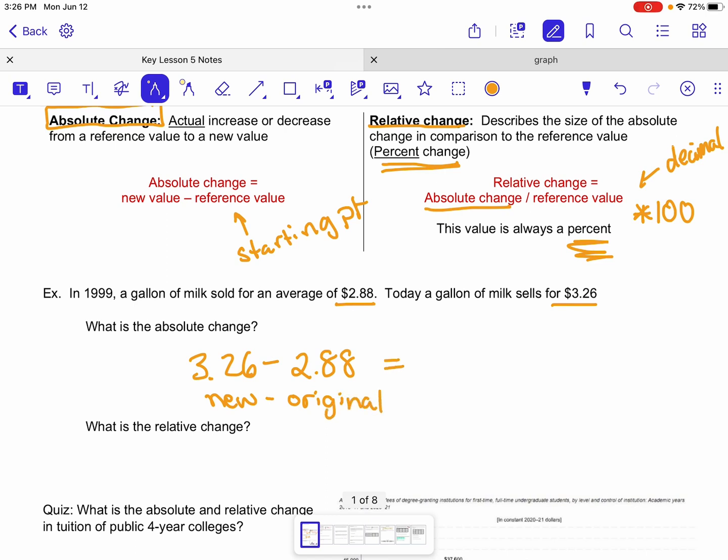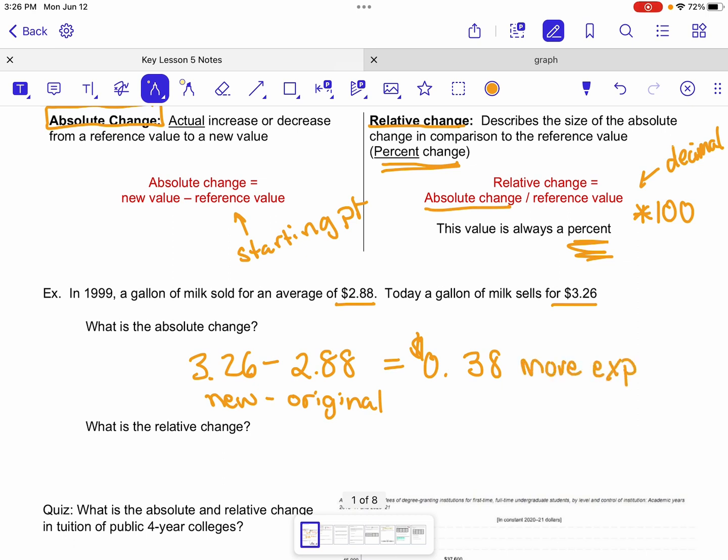And it went up 88. Oops, nope, it did not go up 88. It helps if I can subtract correctly. It went up 38 cents. And yes, signs do matter. In this case, this was an increase, so it's 38 cents more expensive.